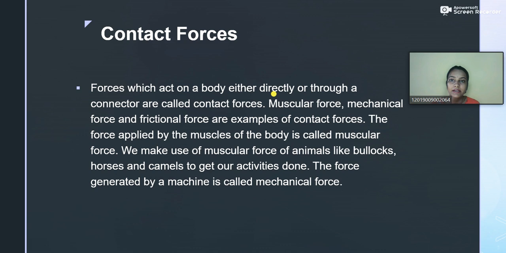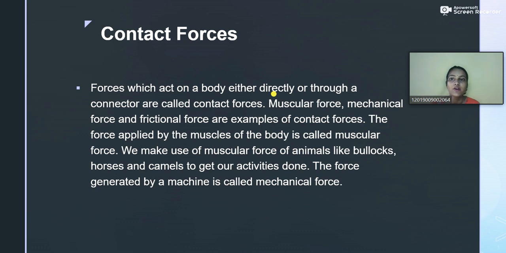Then we have mechanical force and frictional force, which are all examples of contact forces. The forces applied by the muscles of the body are called muscular forces. As I have said, when we want to move a book or anything from one place to another, or a bag from the ground to our back, we have to lift the bag with the muscles present in our hands. So this is known as what?